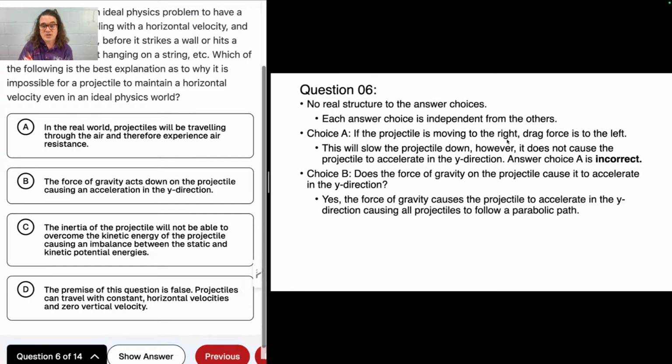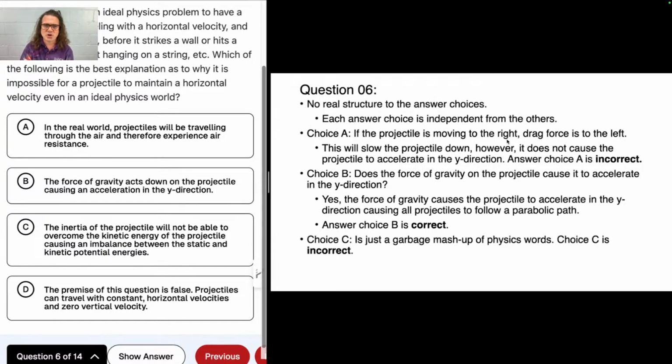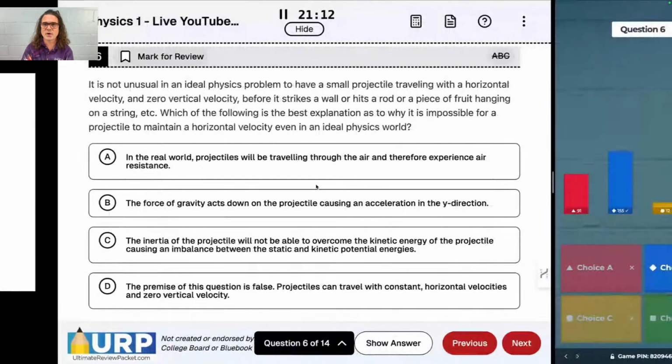This is what causes all projectiles to follow a parabolic path. So answer choice B is correct. Answer choice C is just a garbage mashup of physics words. All the words together don't make any sense. So choice C is incorrect. Answer choice D is incorrect. If you just look at answer choice B, you'll see that answer choice D is incorrect. All right, let's move on to the next question.